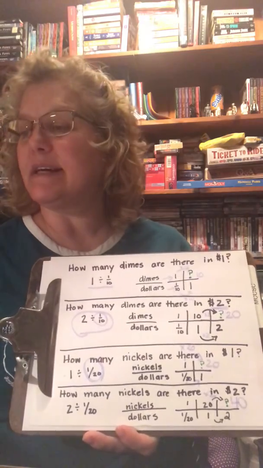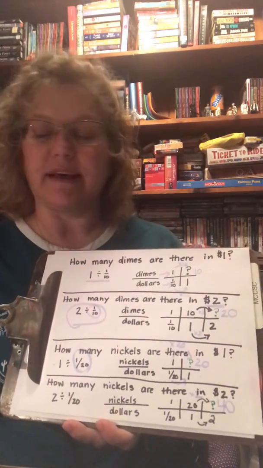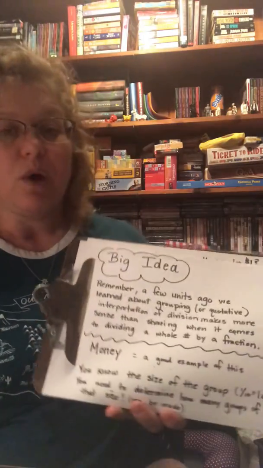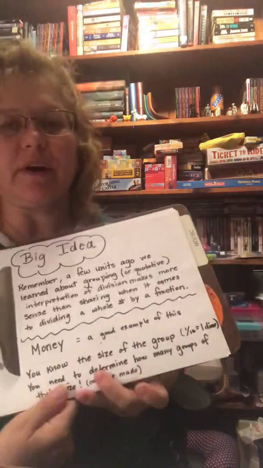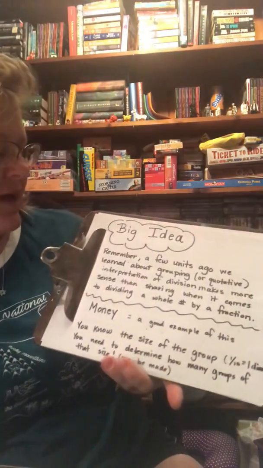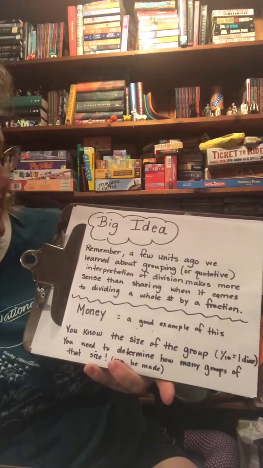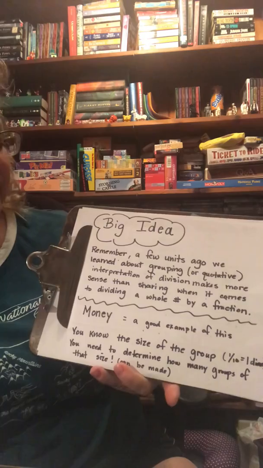Let me show you what the big idea is. What they want you to remember on this is the big idea from a while ago. A few units ago, we were working on trying to do division, and we learned about grouping, or as they called it, quantitative interpretation of division.